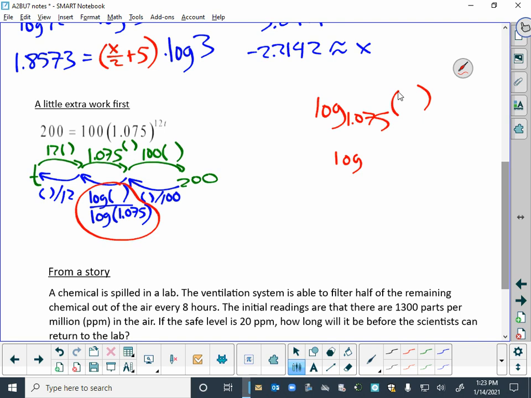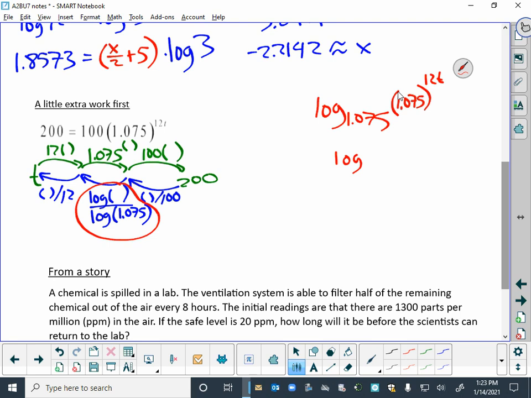So whatever it is that we happen to be taking the base of here, 1.075 to the 12t power, okay, which the 12t would come down and leave us asking what is the log base 1.075. Well, on the other side we have a 200 or something there.